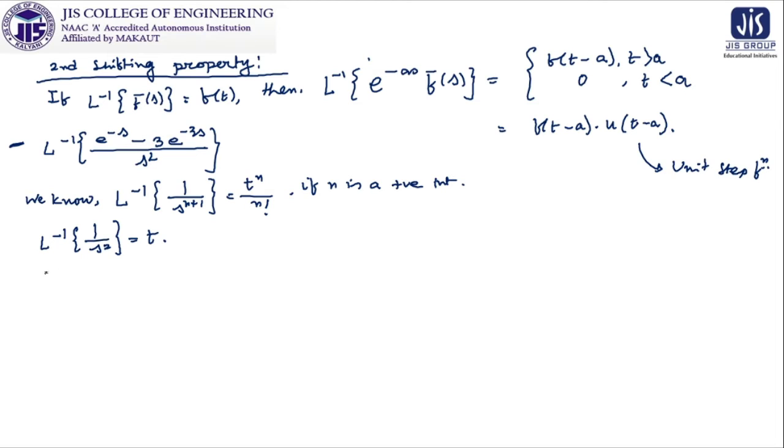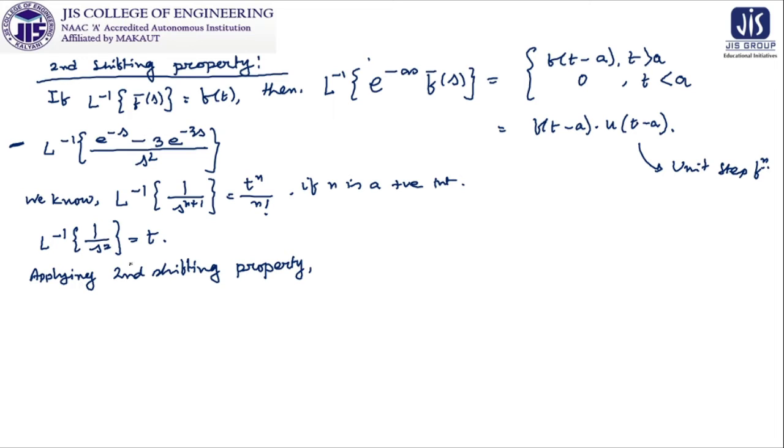Now applying the second shifting property: look at this, our requirement is e to the power minus s by s square. That is why we are applying the second shifting property, because we can get e to the power minus s times f bar s from this.